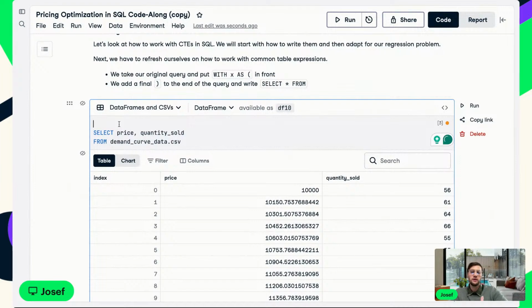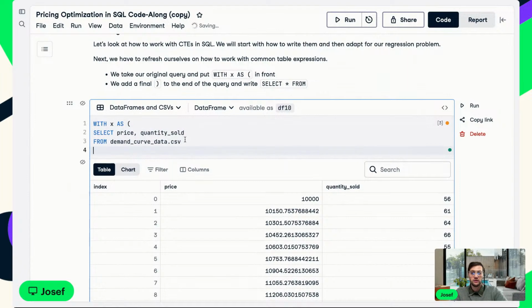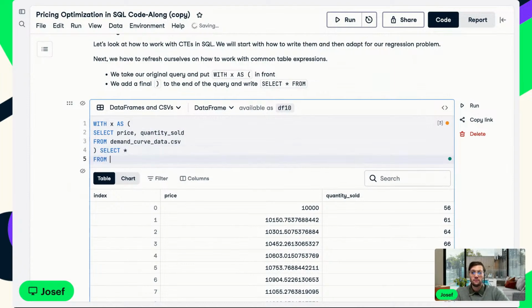And the next thing, for me, when I write a CTE, I always just kind of mindlessly say with X as, and then I open parentheses. And I put the parenthesis at the bottom, and I hit select star from. And then the data set I choose is the X or whatever variable, but I say X. And then I hit run, and it's the same. So I've added all this extra stuff, but it's the same.